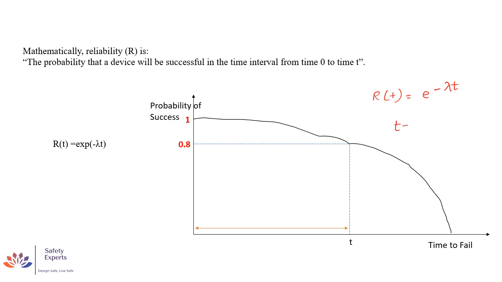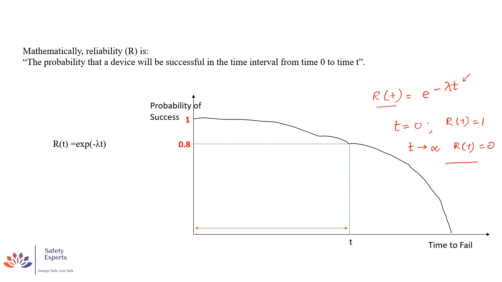Now you see, when the t is equal to 0, R(t) becomes 1. And when the t tends to infinity, the R(t) becomes 0. Right? At any time between 0 and infinity, by putting the value of t from this equation you can get the R(t) value.